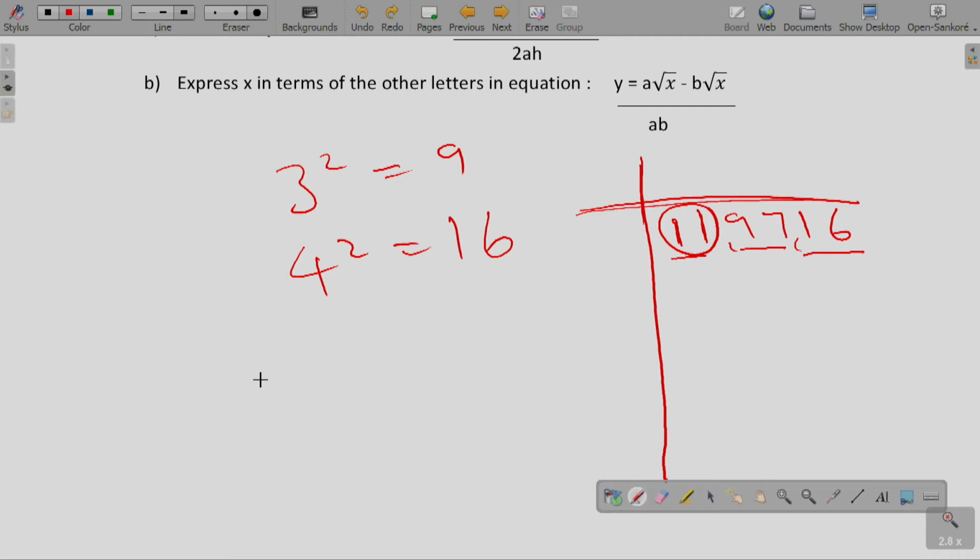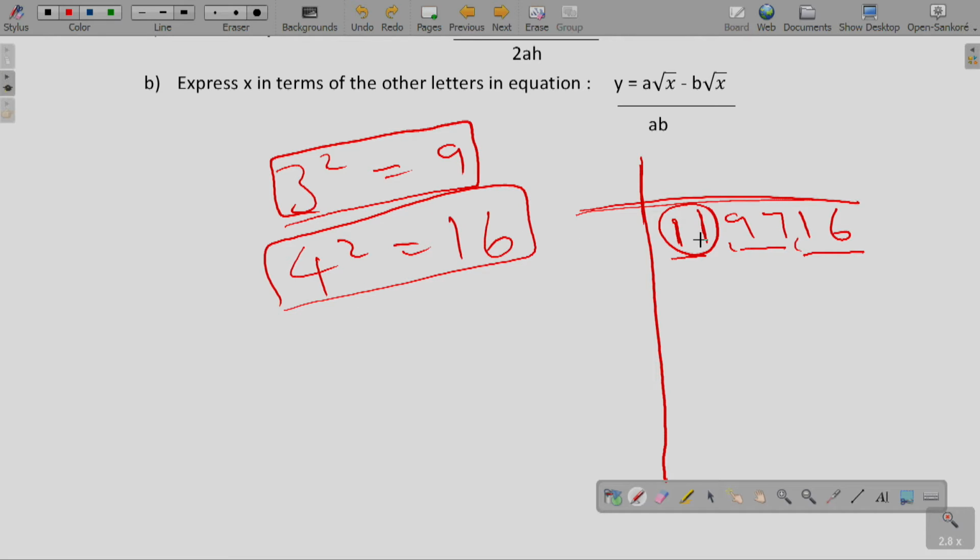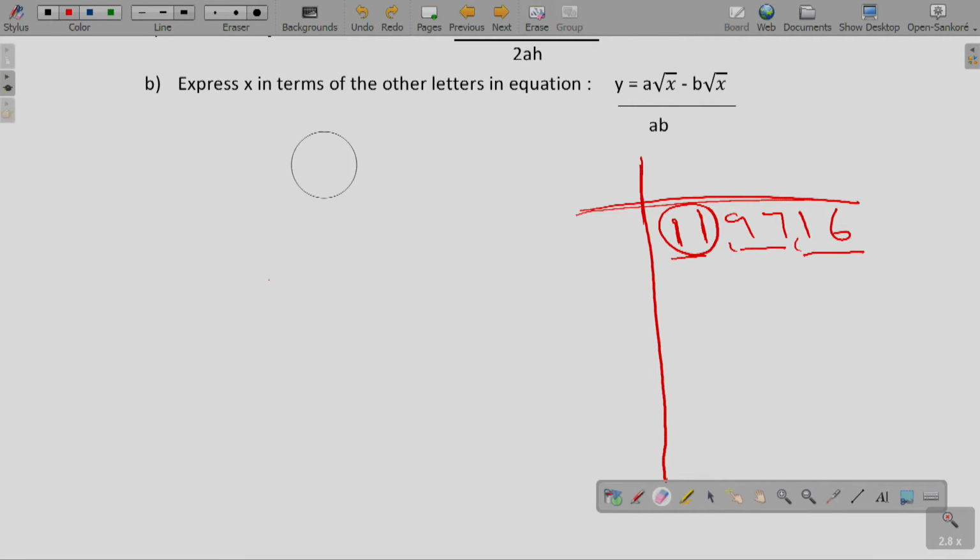There is no square root of 11. So we use square root of 9, because 9 is below 11. We can't use 16 because it's greater than 11. We use a number smaller than 11 which gives a perfect square. So here we put 3, and here we put 3. 3 times 3 is equal to 9.